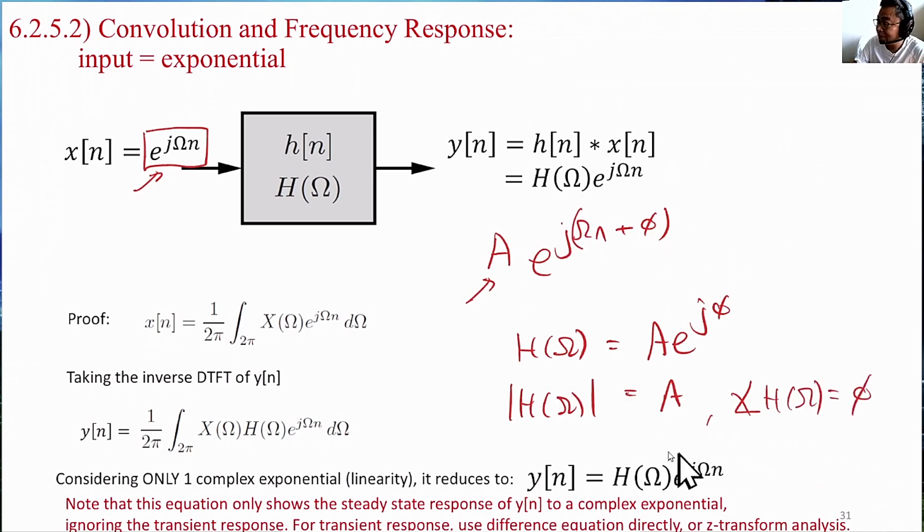That's the idea. To prove why this is so, we are going to use x[n] equal to the discrete time Fourier transform synthesis. We're taking X(ω) and generating x[n]. Now y[n] is the synthesis equation of X(ω) H(ω).